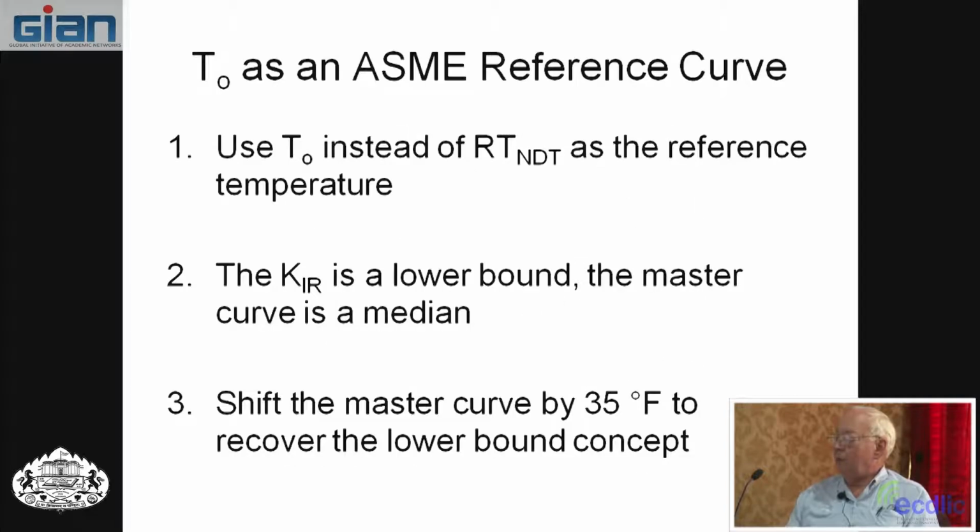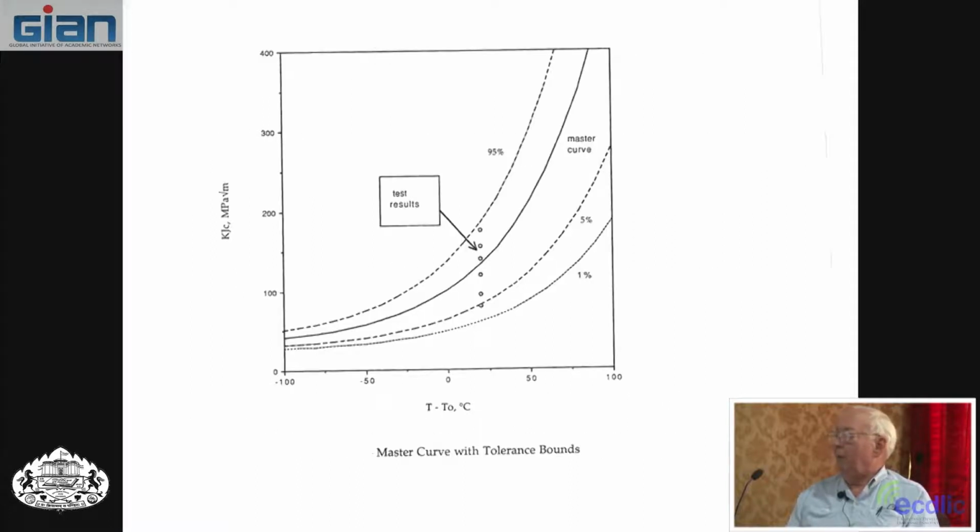So they took the median curve and shifted it by 30 degrees Fahrenheit to get a lower bound concept. Remember, the master curve from tests arranged in a Weibull statistical way, and then the median is drawn here.